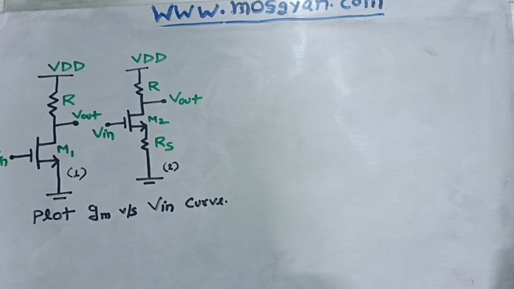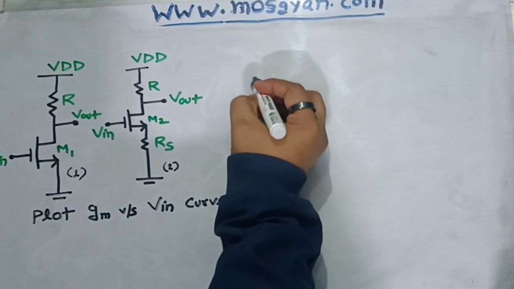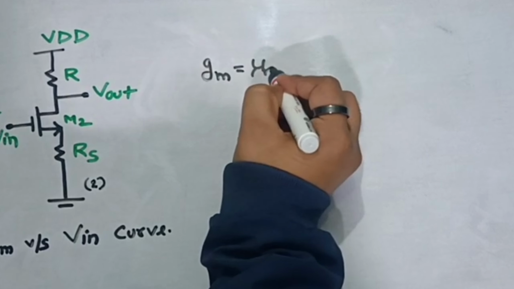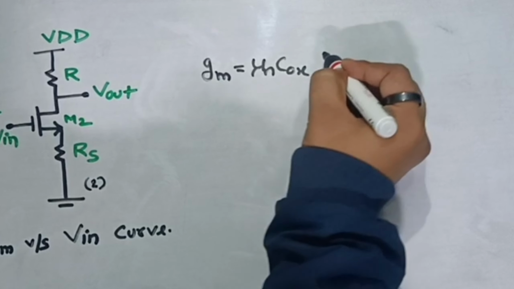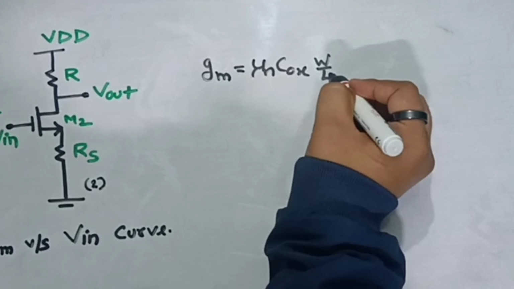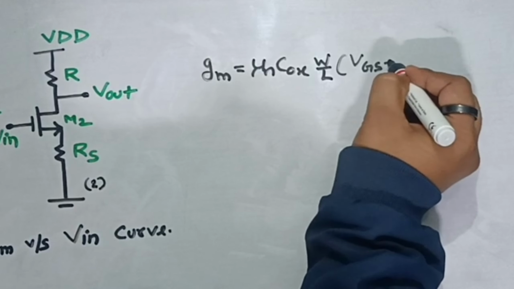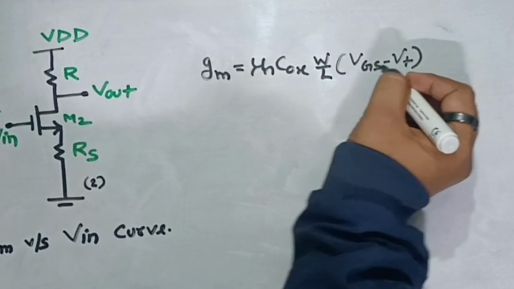So if you see, figure 1 is a normal common source amplifier, and we know the gm equation for any MOSFET which is operating in saturation can be defined by gm equal to mu n Cox W by L into (VGS minus VT). Right?